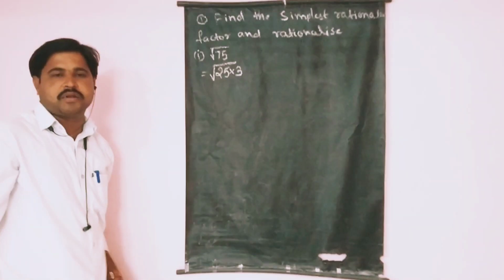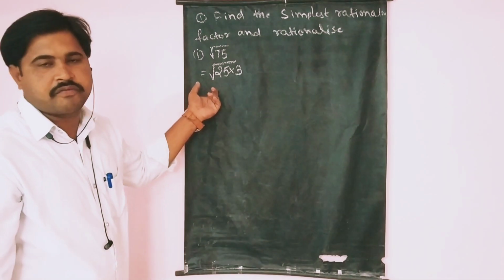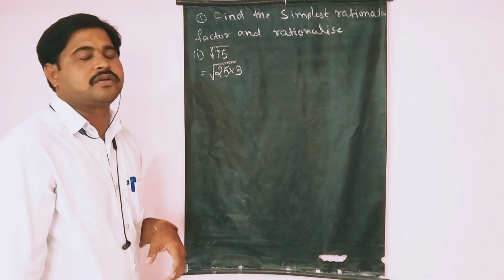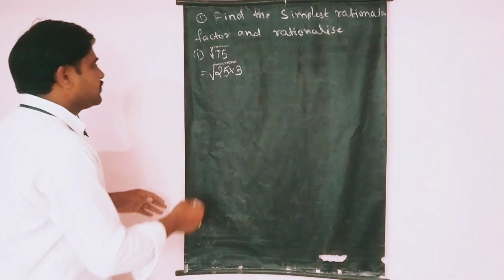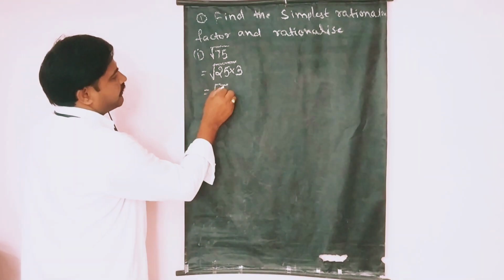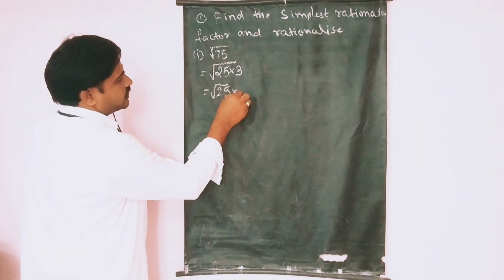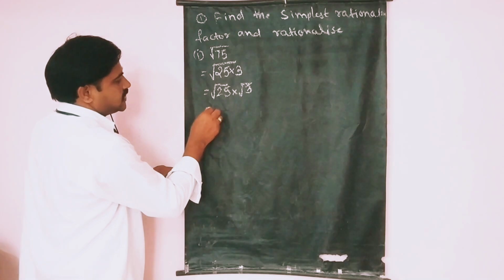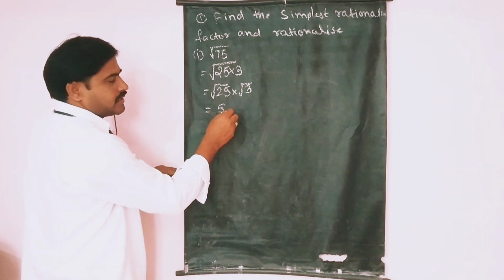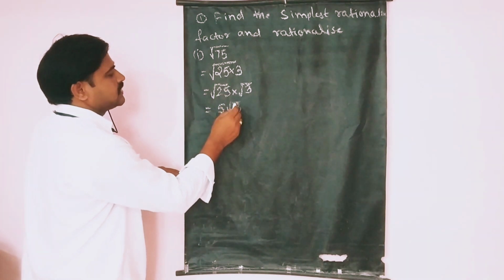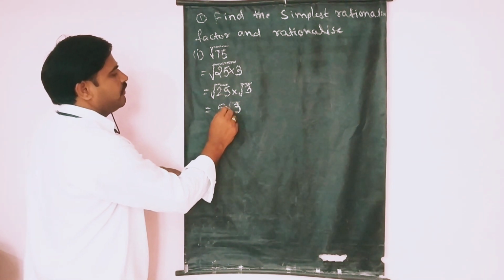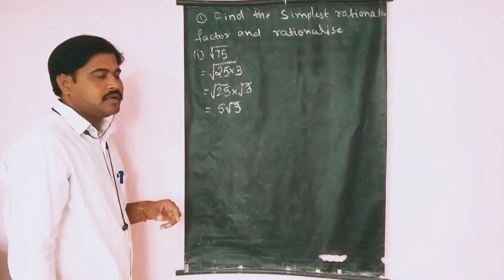You know the formula: square root of a into b is equal to square root of a into square root of b. So that is square root of 25 into square root of 3. Square root of 25 is 5, so 5 root 3 is the value. We got the standard form.